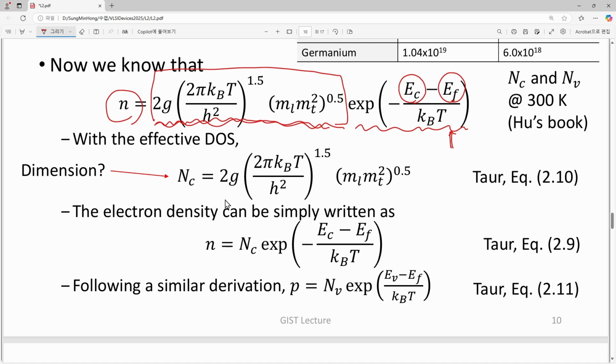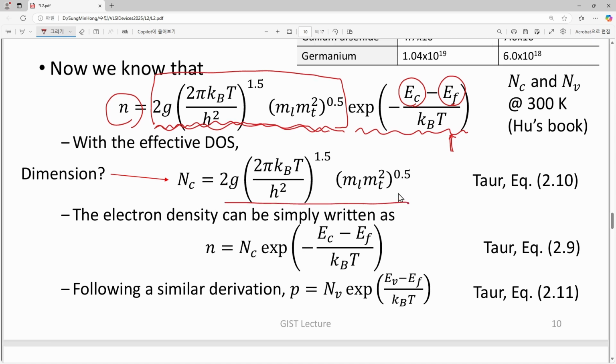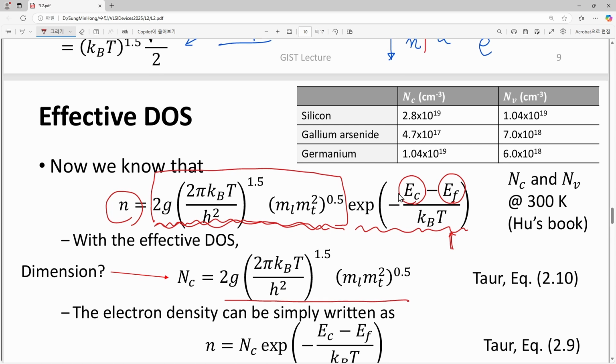Here you can see this expression, and when you have a look at the conduction band and valence band effective density of states, you know that these numbers are on the order of 10 to the 19. Of course, there is a little difference, almost a factor of 3, but this is not that high.